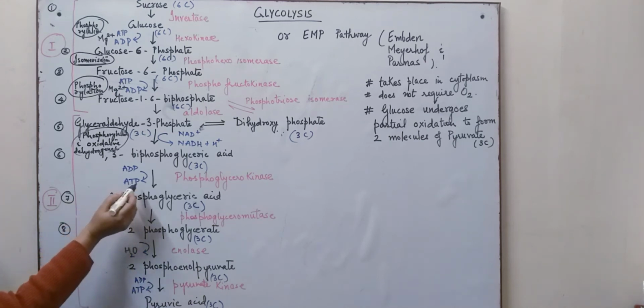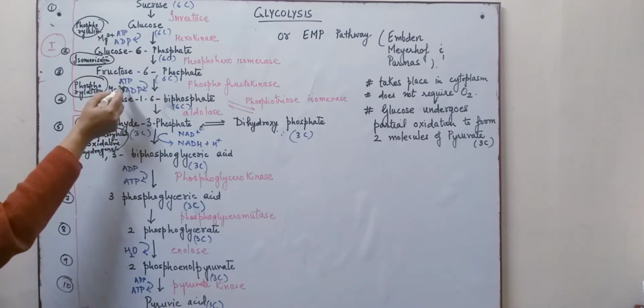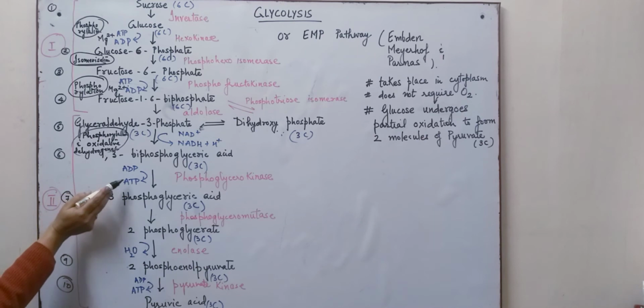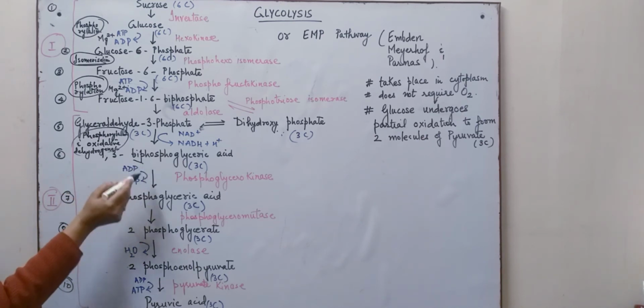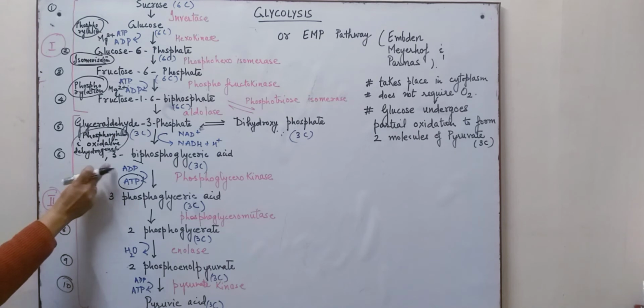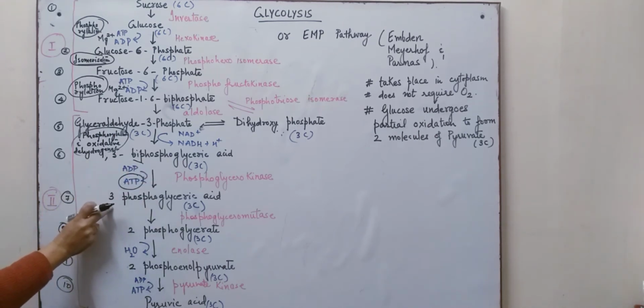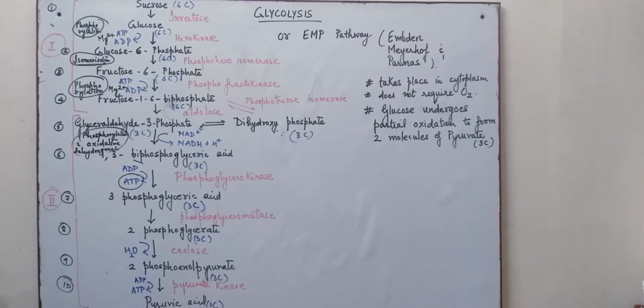This is very important because here till now we have been utilizing the ATP, that is energy is being used, but here the ATP is produced. So here the ATP molecule is produced, and the first molecule of ATP is generated when 1,3-biphosphoglyceric acid is converted into 3-phosphoglyceric acid in presence of enzyme phosphoglycerokinase.